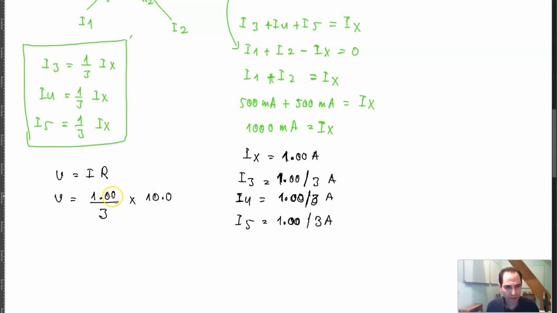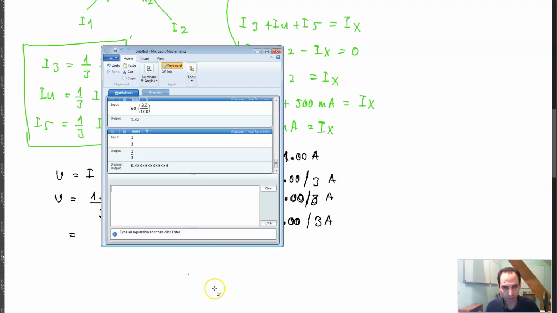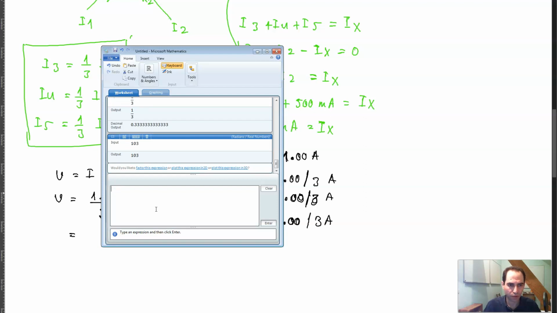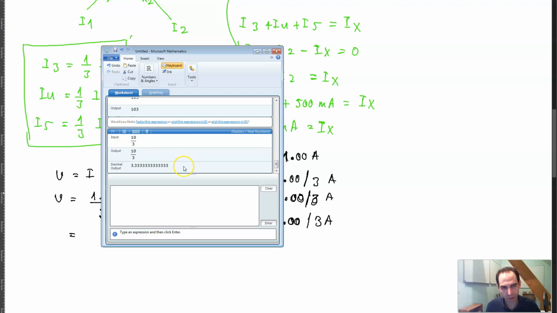You can see that this number has 3 significant figures, and this number has 3 significant figures. When you get your final value, you should have 3 significant figures. 10 times 1/3, 10 thirds, would be 3.333, because 1/3 is 0.33, so 10 thirds would be 10 times that.